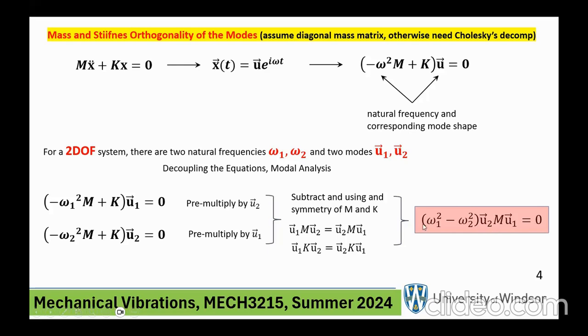Now, if omega 1 is different from omega 2, this term cannot be 0. So that must be 0.